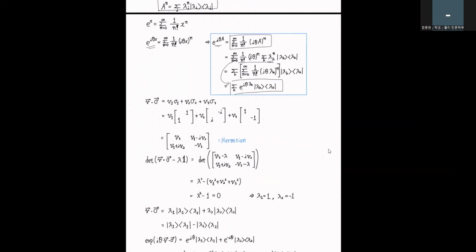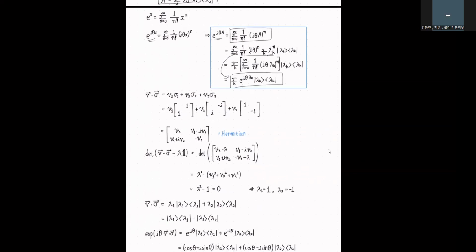And as I mentioned earlier, from the definition of the exponential of matrices, we can represent this as the infinite sum of such powers, and this reduces to over here. Because of the spectral representation, we end up with this representation, and this simply reduces to the exponential of i theta lambda_k.